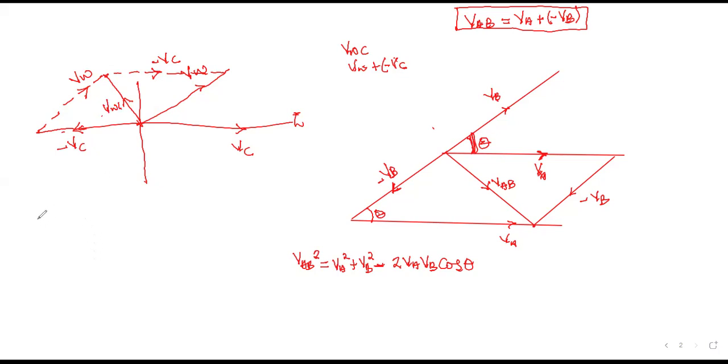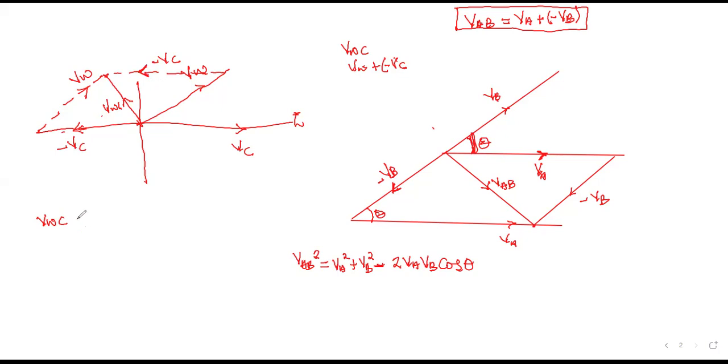Therefore, this minus VC is moving to the west, but the one on top you have made it move to the east. It's an error. Thank you.